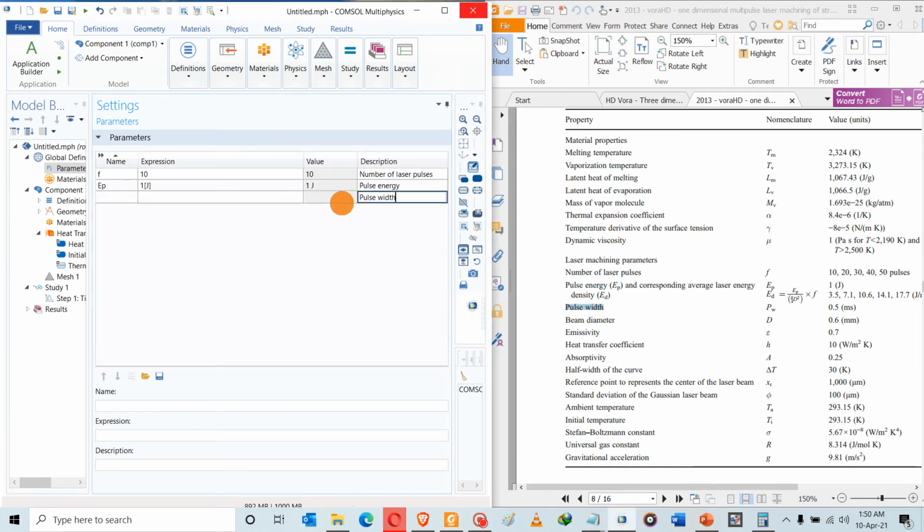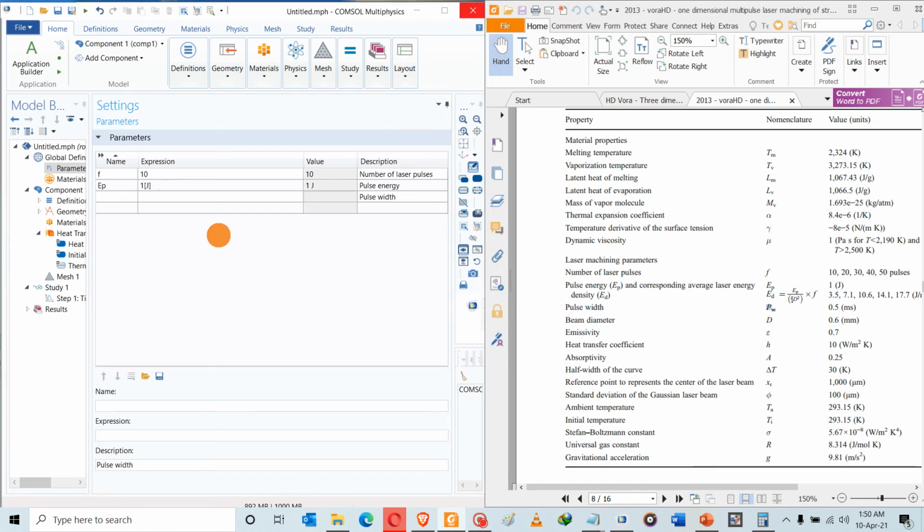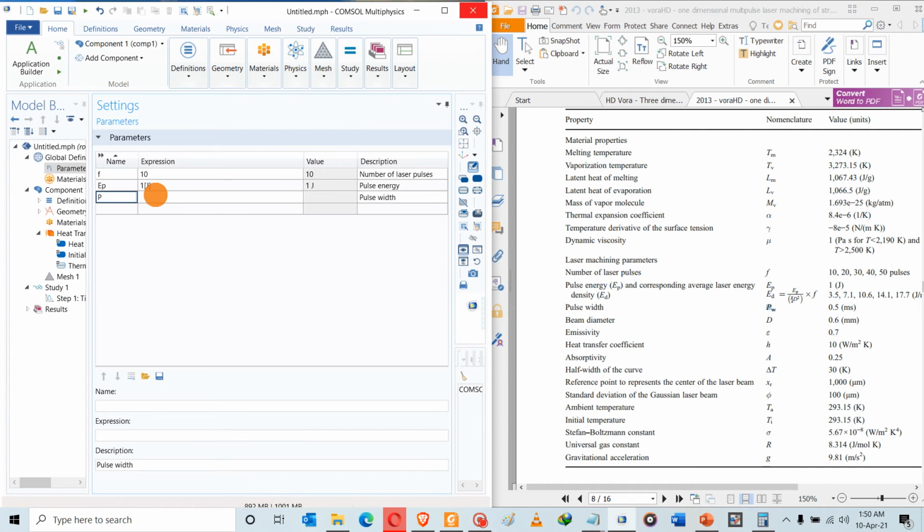Pulse width. In other demonstrations or research articles, they also call pulse width pulse duration.